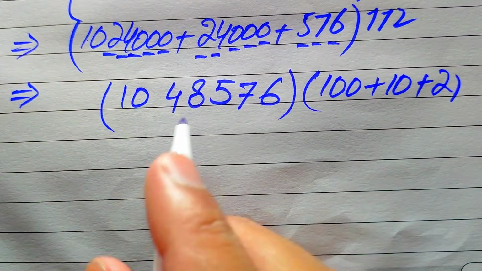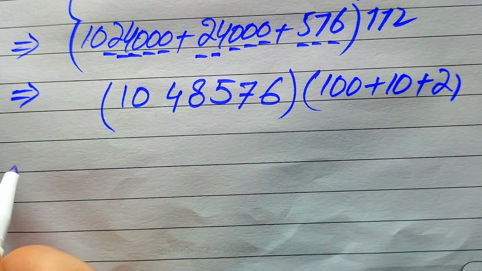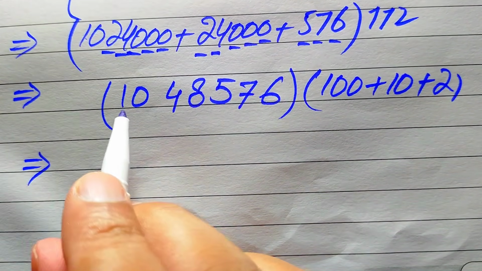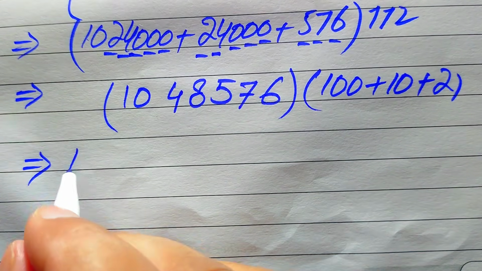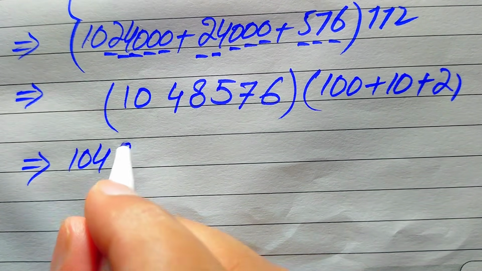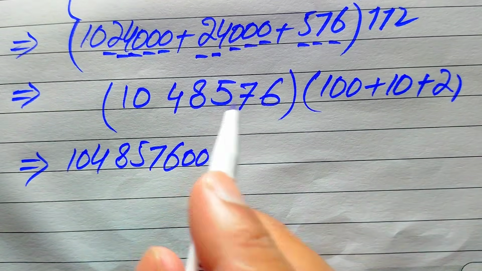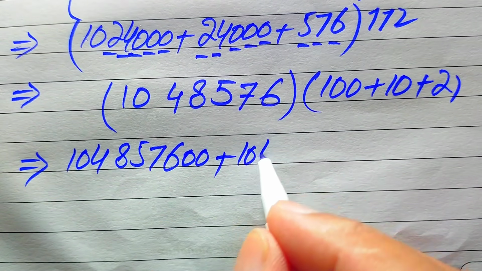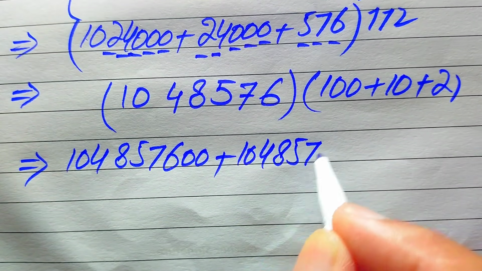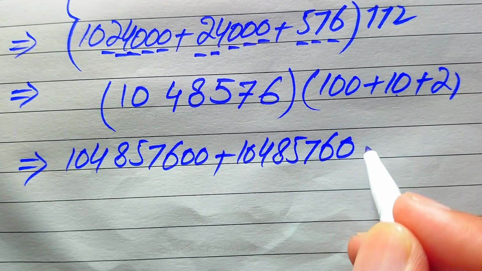Now we again multiply this bigger number separately with each of these values. When we multiply this number with 100, we get 1048576 and double zero. When we multiply this number with 10, we get 1048576, and we just write this 0 here.